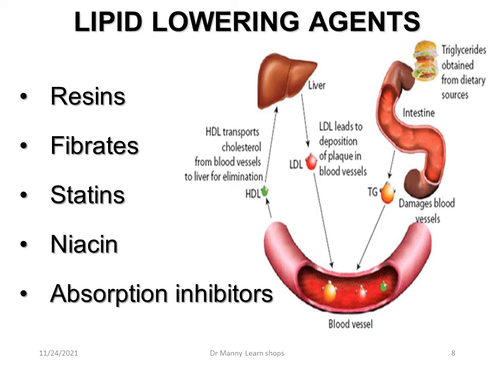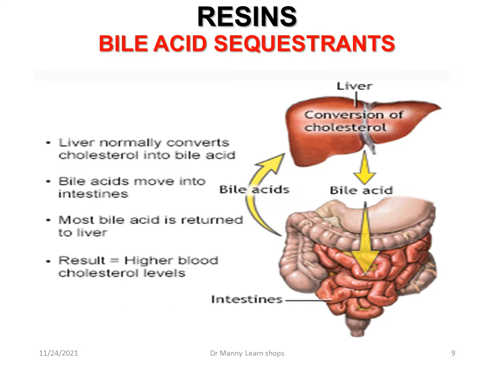Now, lipid-lowering agents consist of resins, fibrates, statins, niacin, and absorption inhibitors. Resins basically are bile acid sequestrants. And the liver normally converts cholesterol into bile acid. The bile acids move into the intestines. The bile acid is returned to the liver, and the result basically equals higher blood levels of cholesterol.